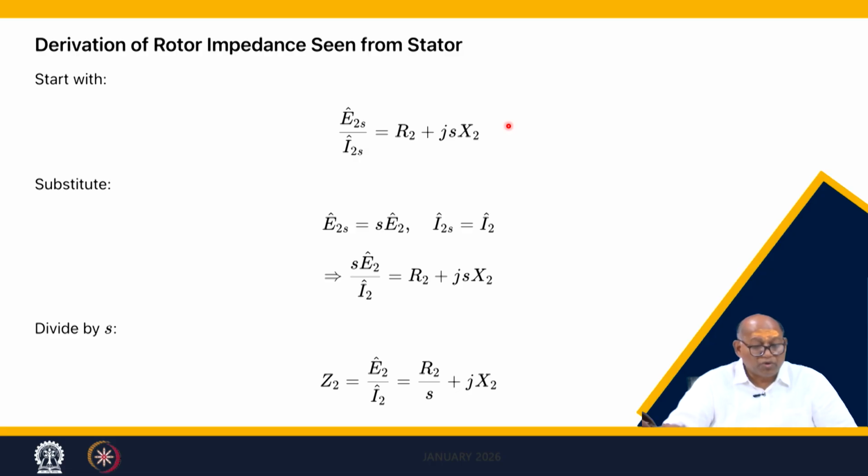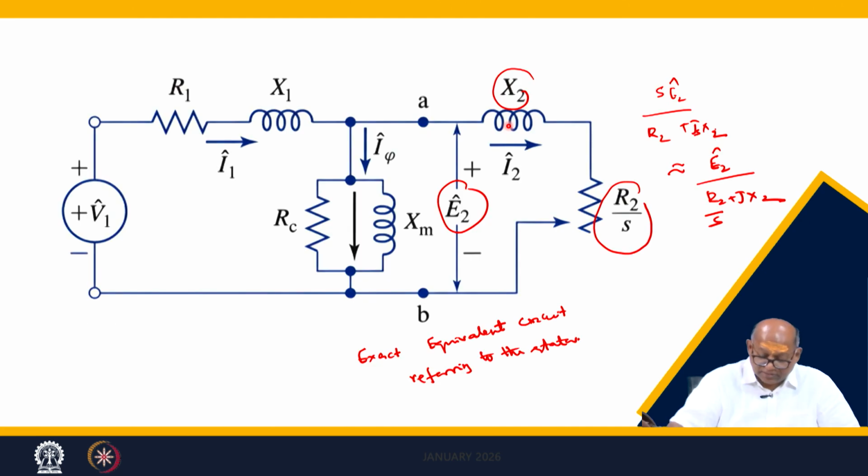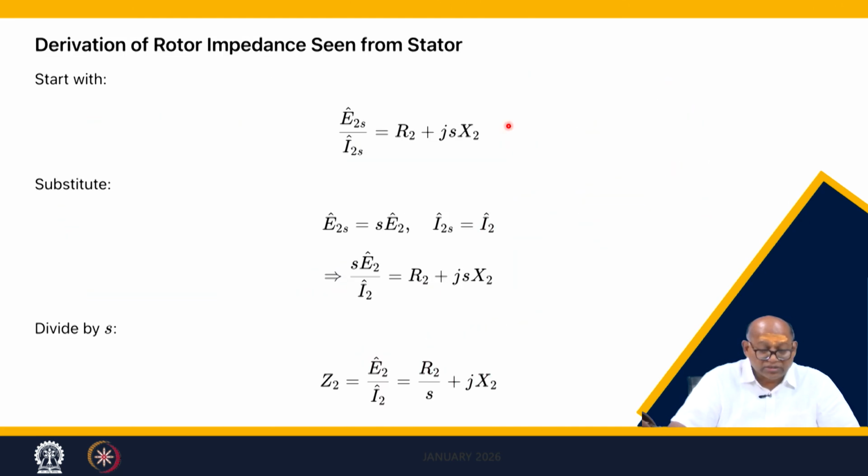So, you can derive the rotor impedance, that is E2 by this, already told. This is the final rotor impedance expression we have already done. So, S is divided in both. Finally, you get this.